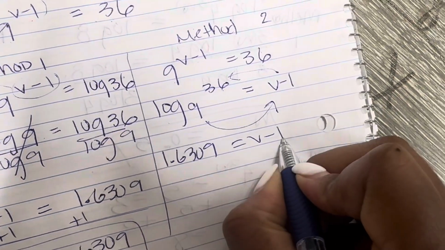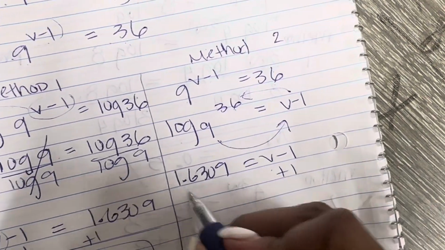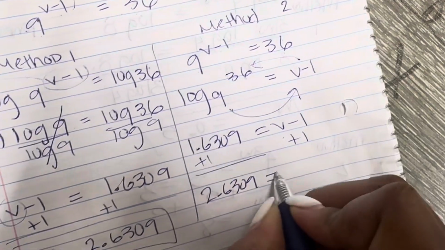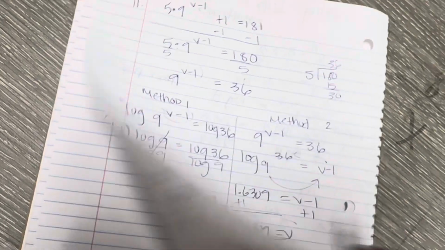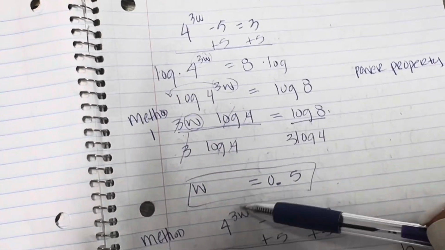Equals v minus 1. Get v by itself by adding 1. Pick a method to do. All right, and that's how you use logs to solve for a missing exponent.